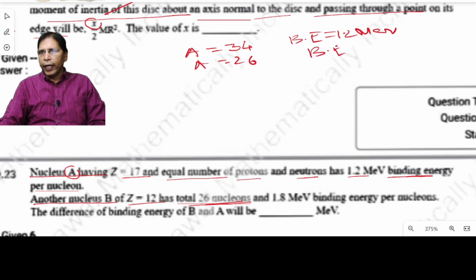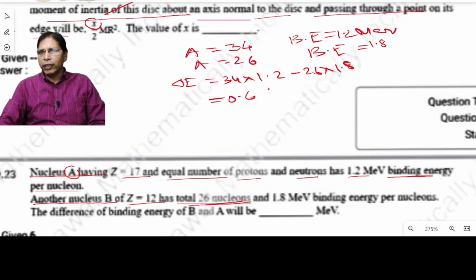And binding energy is 1.8. Now difference of binding energy delta E is 34 into 1.2 minus 26 into 1.8. Now 0.6 times, 34 into 2 minus 26 into 3.